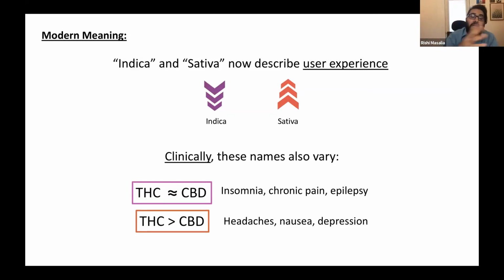And if you're taking something that has higher THC than CBD content, you're using this for headaches or nausea or depression. The problem is that you can't affiliate these chemical properties, this equal ratio or greater ratio of these chemicals, to the actual name of the cannabis plant, or even the look of the cannabis plant, because those things are now decoupled genetically.